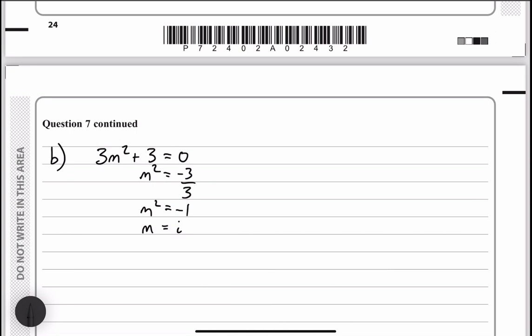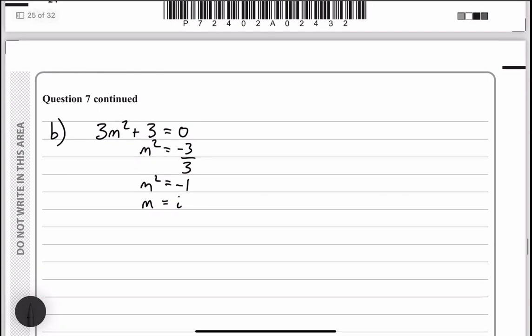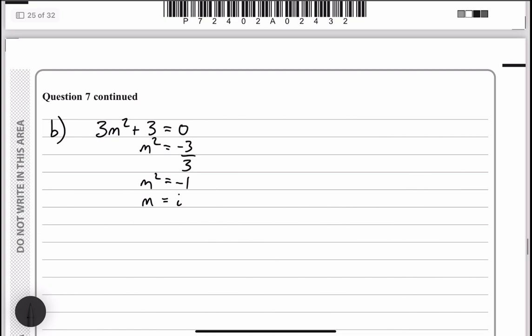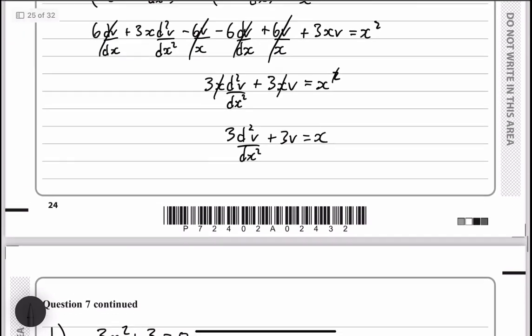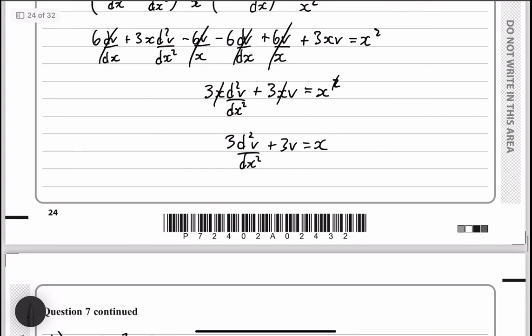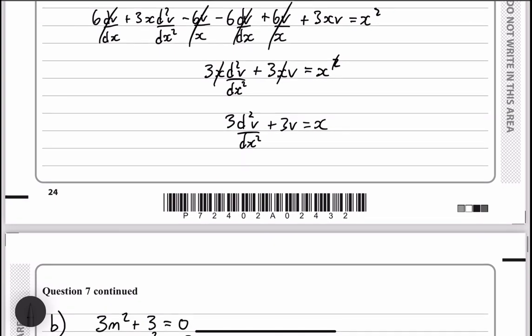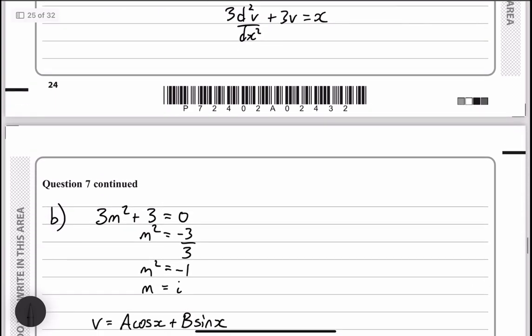Then you need to be able to recall what that means for the complementary function. The form here, v is equal to e to the px, but p is the real part, and the real part here is 0. And then it's a cosine x plus b sine x, because the imaginary part there is just a 1. That's the complementary function. Now the particular integral, the right hand side of this is an x, so try a general linear function.